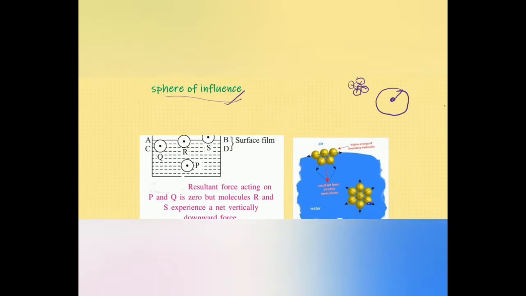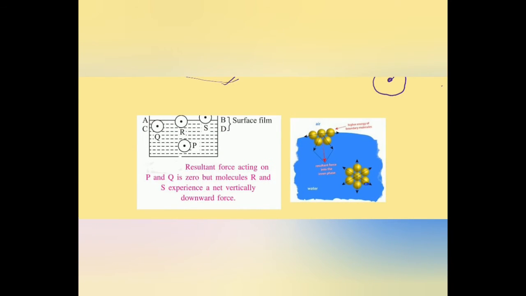We can see here, this is the molecule, and all these molecules are attracted by this one, and this maximum distance is the molecular range, and the sphere we made is the sphere of influence. So for the cause of surface tension, we have to consider the sphere of influence of all the molecules.